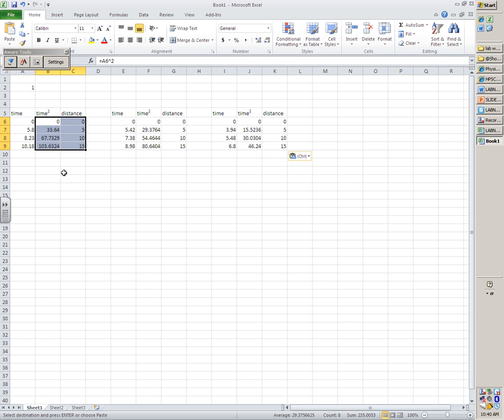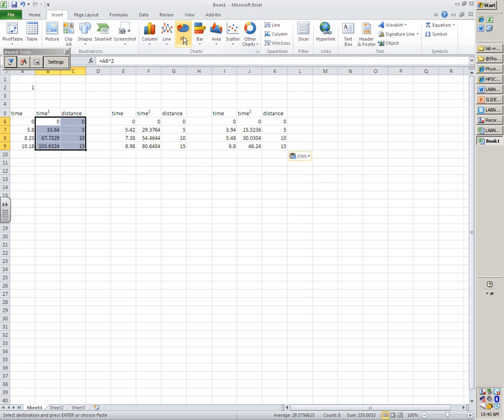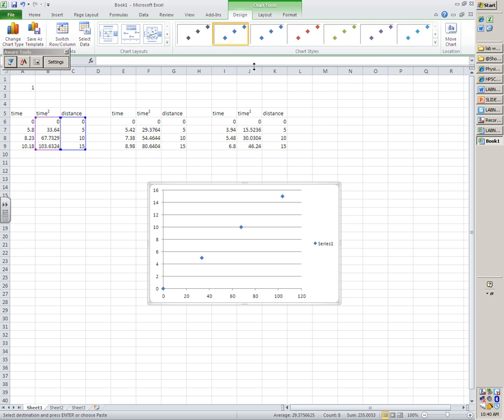That won't give you separate lines for each graph. First, you have to make the first data table. So make sure that time squared is in your first column, because then it will automatically show up on the x-axis. So highlight these 8 squares, go to Insert, go to Scatter, and then pick this one that just has the dots. And there's your first graph.